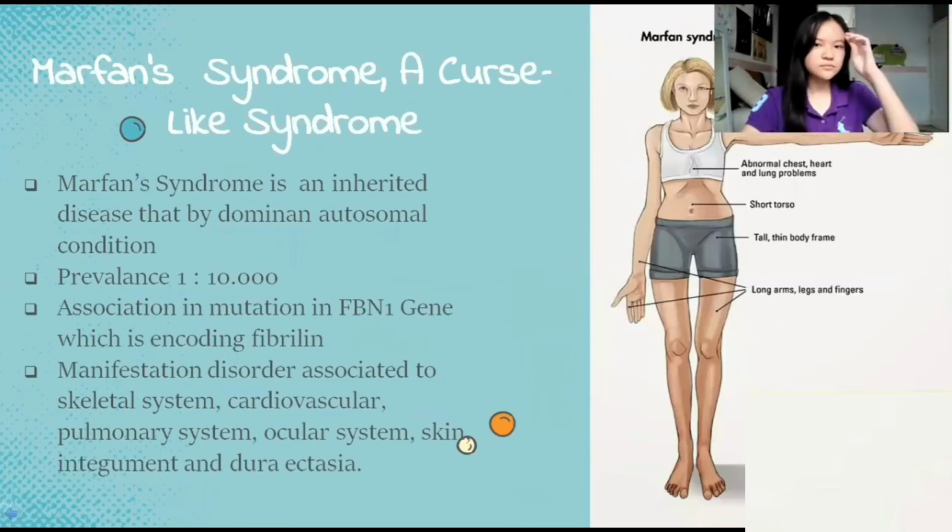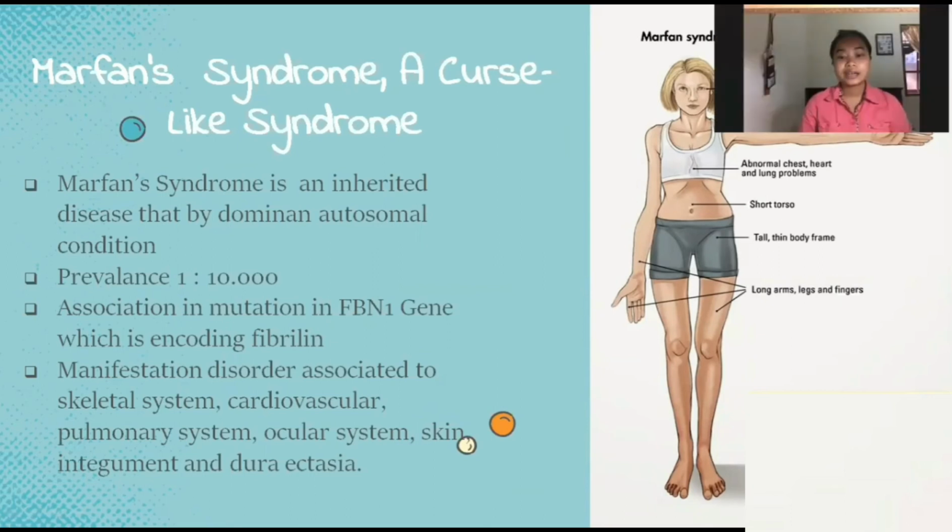My name is Herry with student ID number 20025111189. I will continue the presentation about Marfan syndrome. Marfan syndrome is an inherited disease caused by an autosomal dominant condition. The prevalence of this disease is 1 in 10,000 or 20,000 individuals. The disease is associated with a mutation in the FBN1 gene, which encodes fibrillin, and sometimes with mutation in TGFBR1 or TGFBR2.